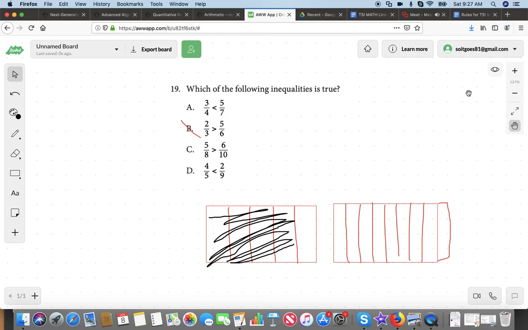And then 2/9. Looking good. Which one's bigger? Come on, this is easy, right? 4/5 is clearly bigger than 2/9, right? So we can eliminate answer choice D?